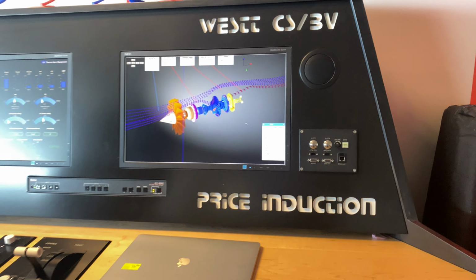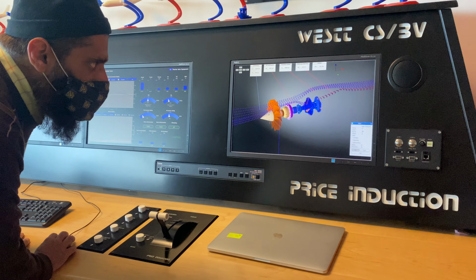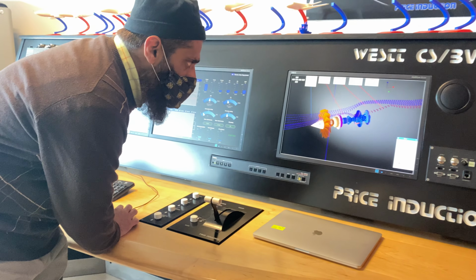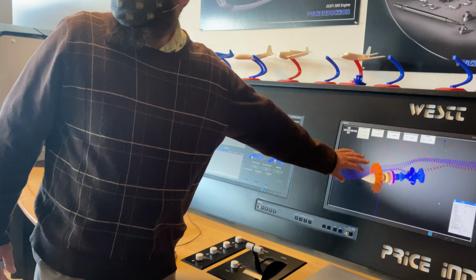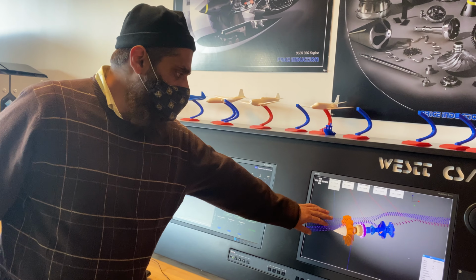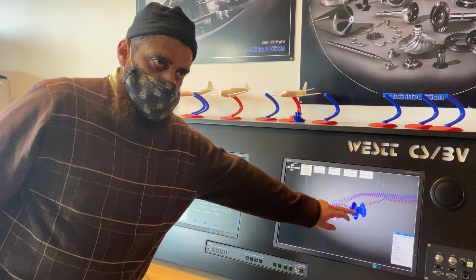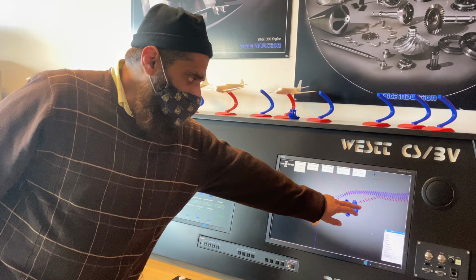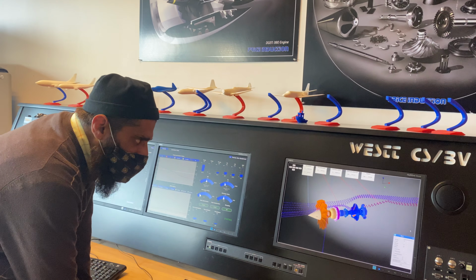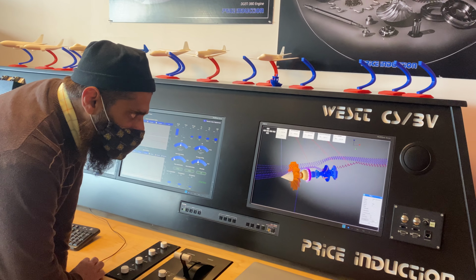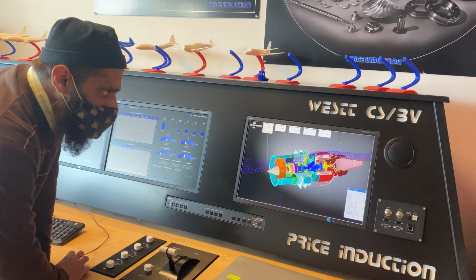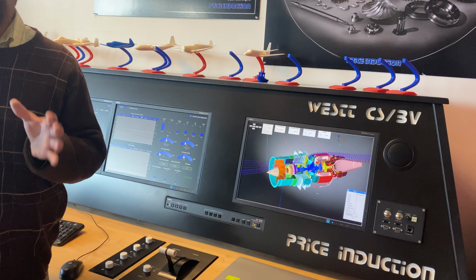If I remove the low pressure turbine, now you can see we just have the front rotary compressor, the transmission and the combustion chamber, and then the high pressure turbine. I can show you the low pressure turbine again, and this is the whole engine housed in a casting.